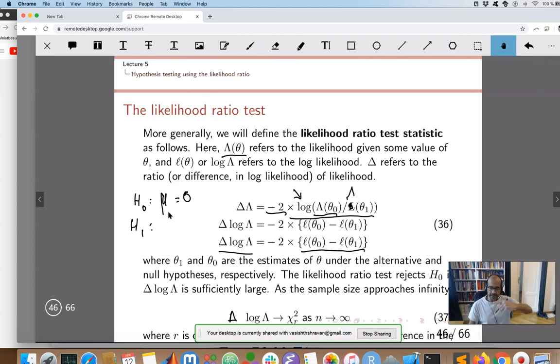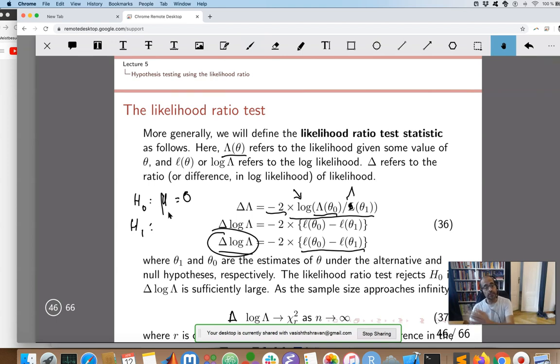The degrees of freedom in my chi-squared statistic will be 1, because there is a difference of 1 between the two models in terms of the number of parameters. So the log likelihood difference that we will calculate will be compared to the chi-squared statistic with a particular degrees of freedom, and we will use the same logic as the t-test to figure out whether to reject the null or not.